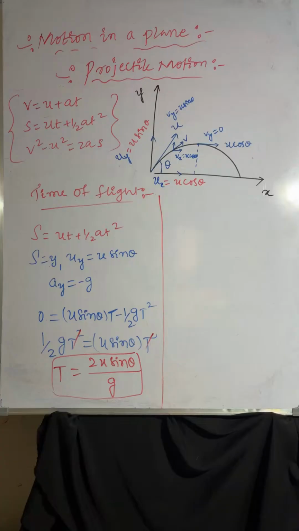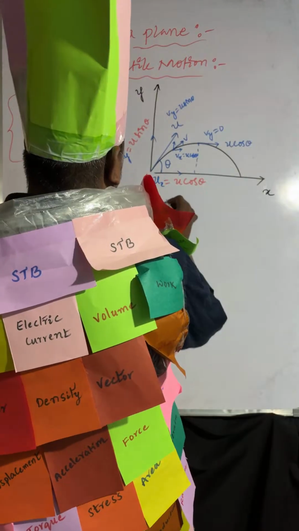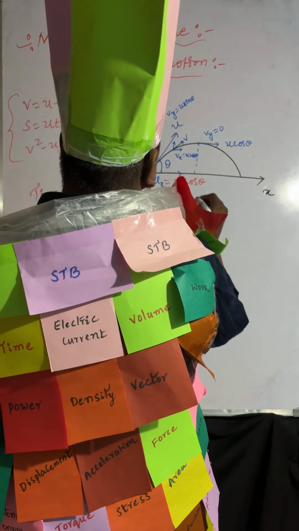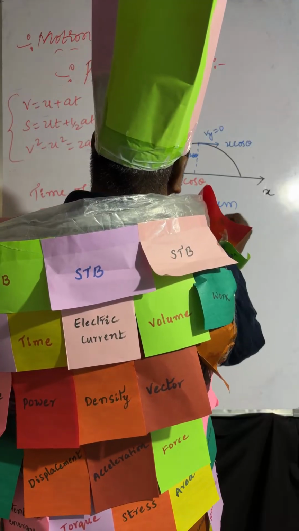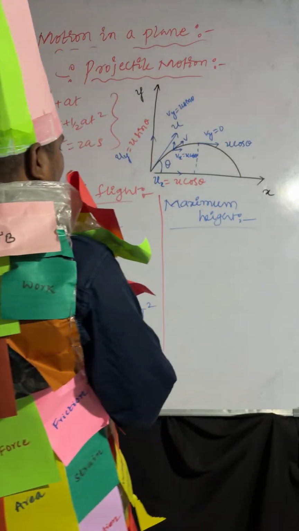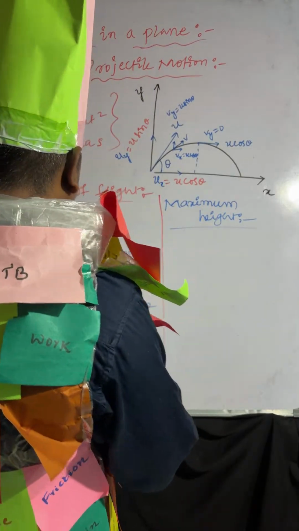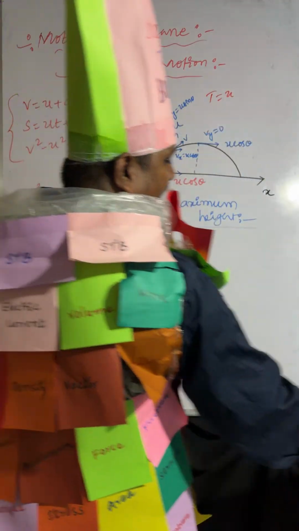So coming to the maximum height. That is v square minus u square equal to 2as. So the time of flight formula you can write: T equal to 2u sin theta by g.